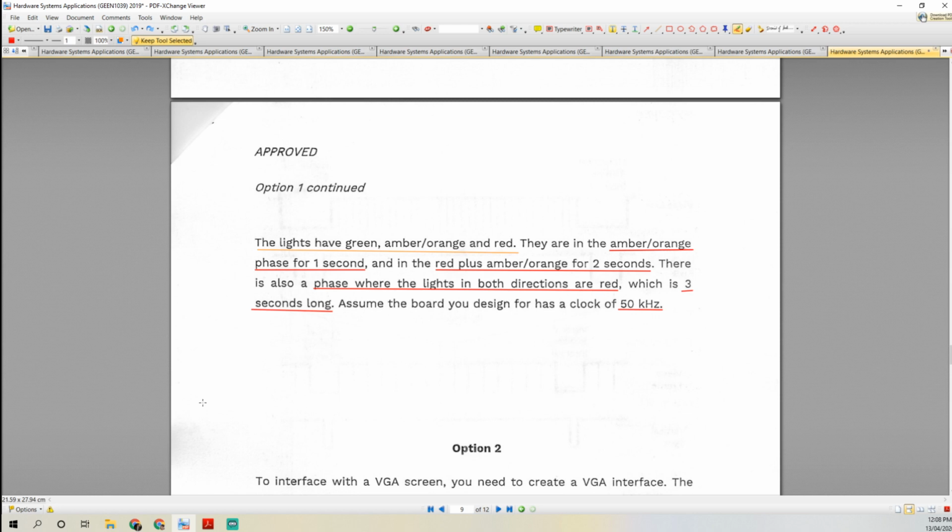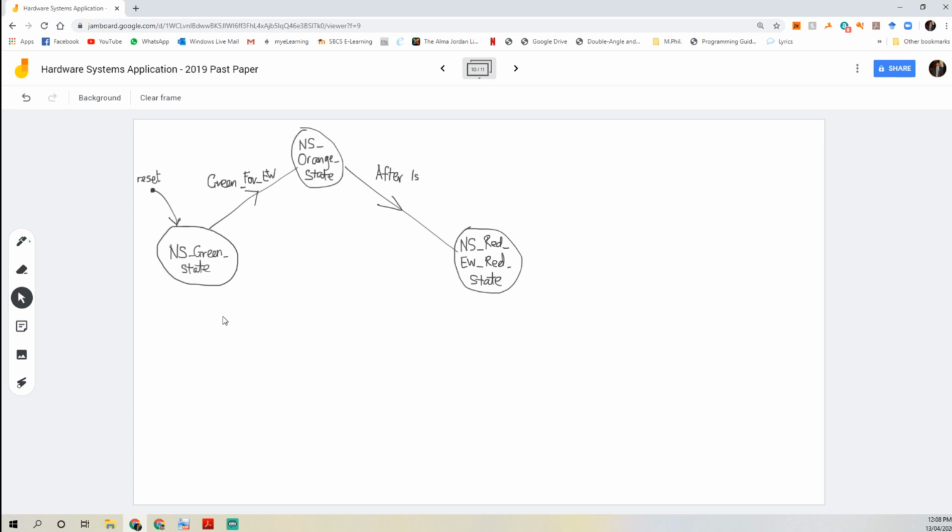So when both lights are red, in order for east-west lights to turn green, we know that they have to transition to that east-west red plus orange or east-west red plus amber state. And we're going to stay in this north-south east-west red state for 3 seconds. So after 3 seconds, I'm going to go into my, let me write the text first.